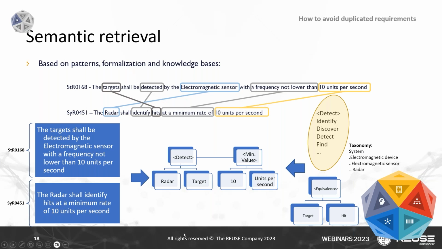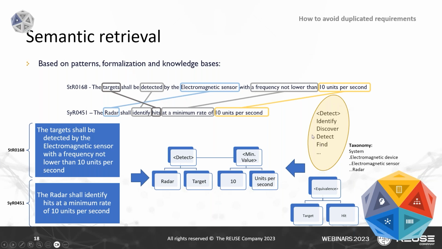So just provide information to the system related to this domain, like an equivalence, a synonym between target and hit, or a taxonomy, meaning that a radar is a kind of electromagnetic sensor, which in turn is a kind of electromagnetic device, which is a system, of course.